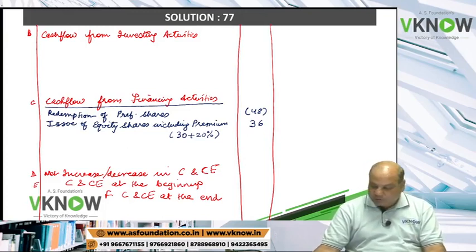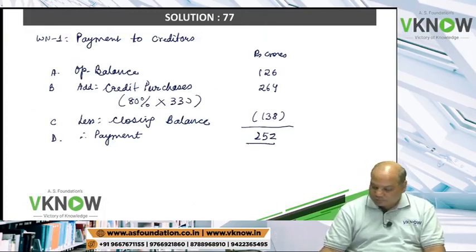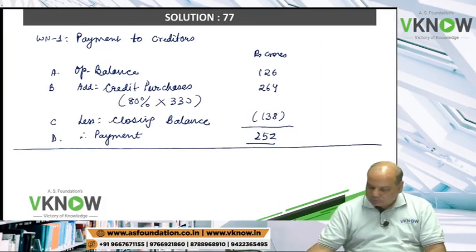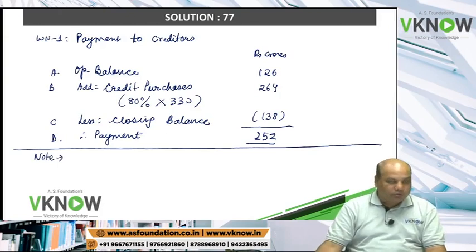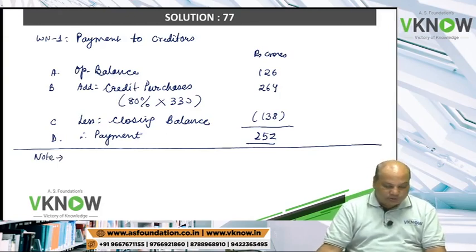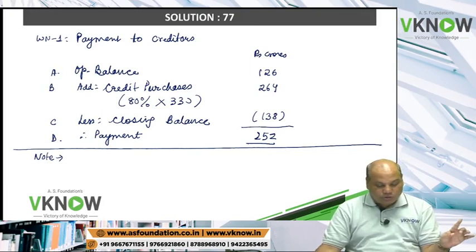Point number 7 will not come in cash flow statement. We will write a note for point number 7. Debentures of rupees 30 crore at a premium of 10% were redeemed. Debenture holders were issued equity shares in lieu of their debentures.